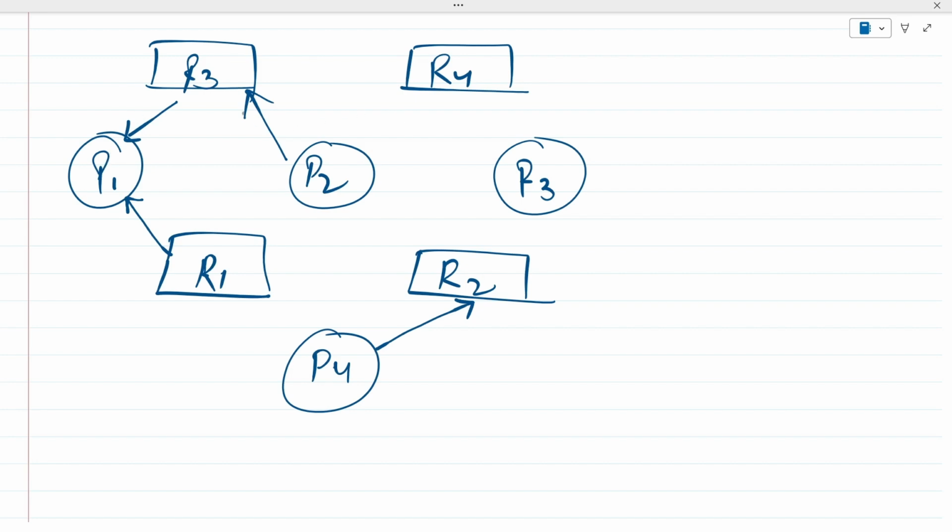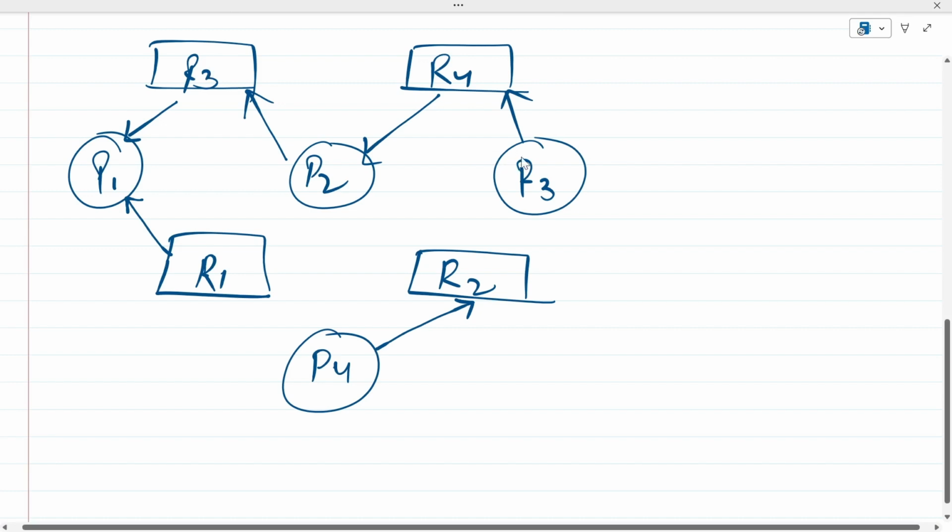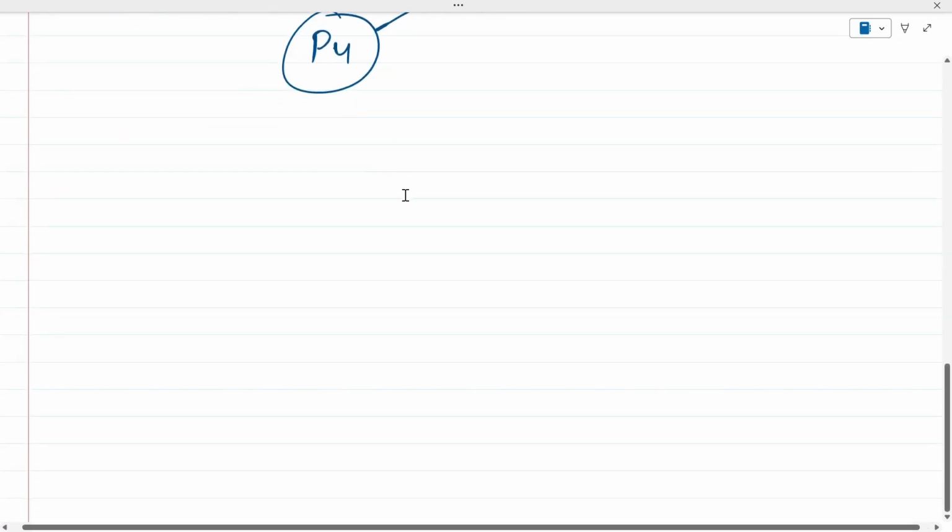That's why P2 requests R3. Similarly, P2 has R4 and P3 wants R4. So this is the RAG, resource allocation graph. In this case, there is only one instance of each resource. What happens with multiple instances?